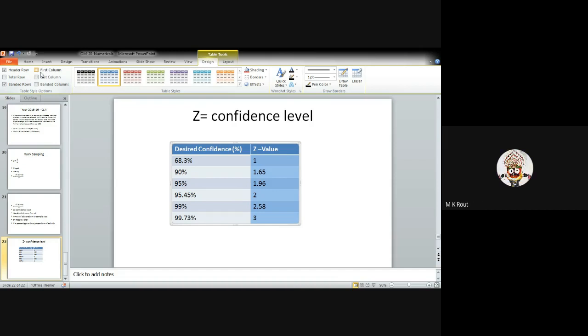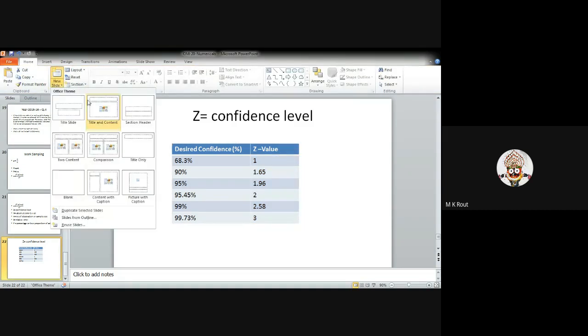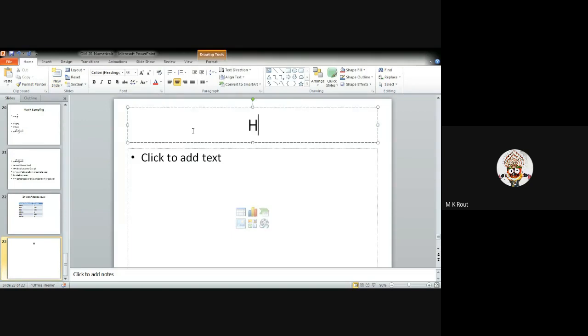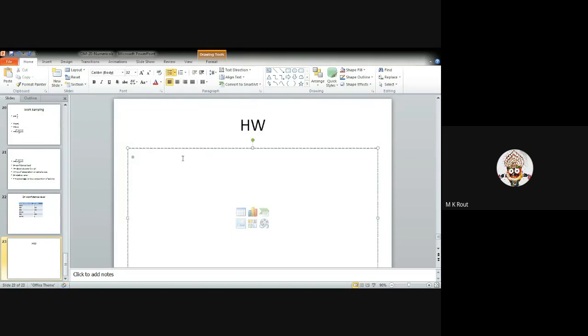For your homework, just note down a small question. An office worker wants to perform work sampling for a task.